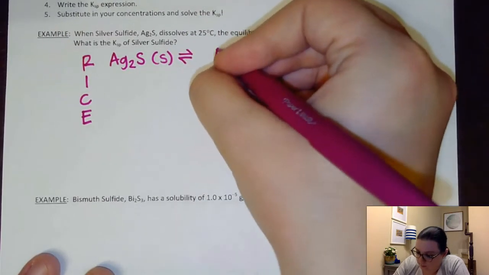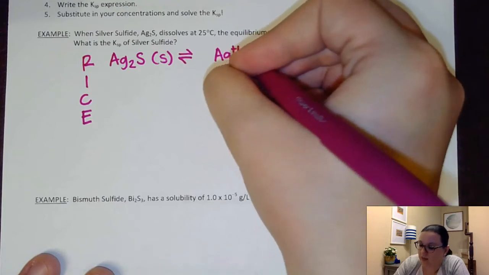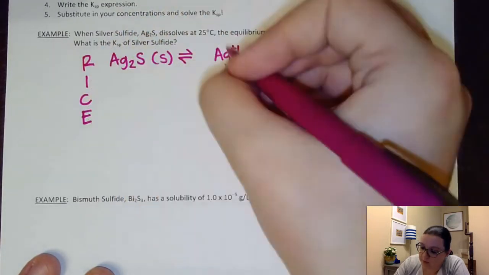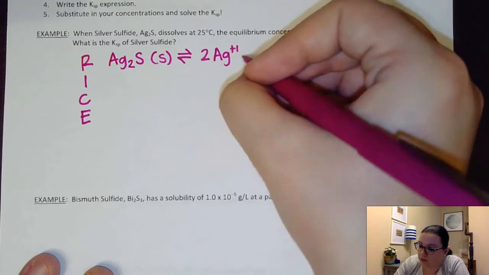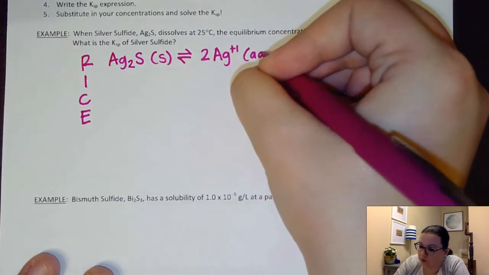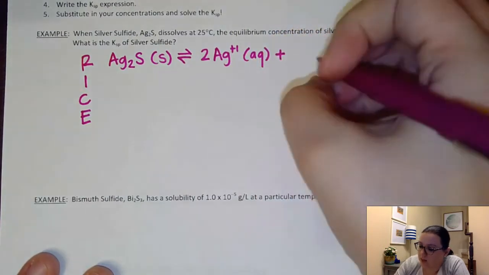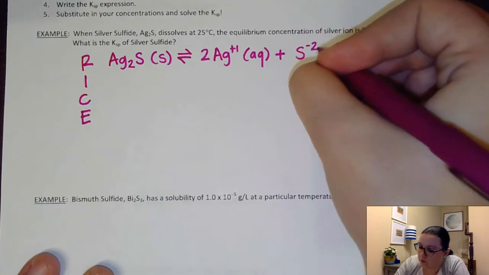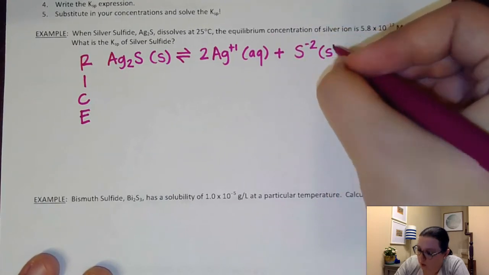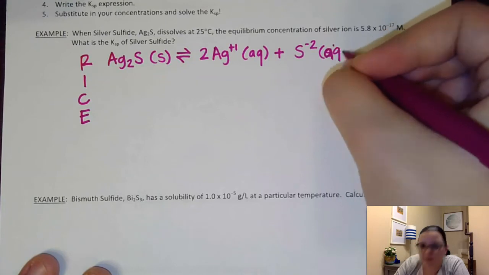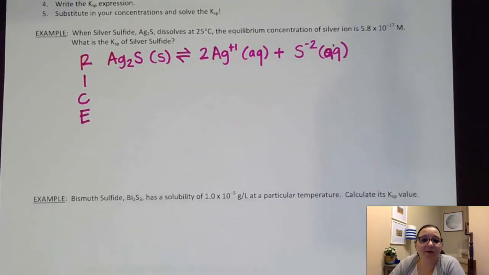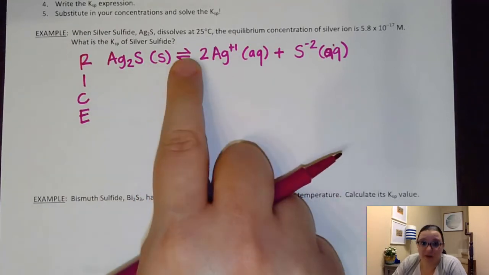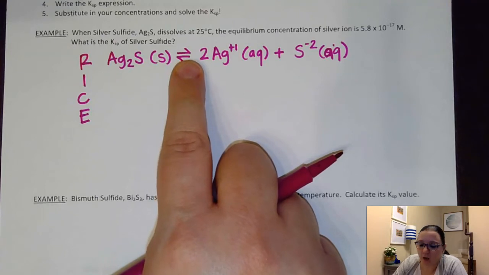I know that silver is +1 as an ion, but there were two of them to balance out in this equation, so I'm going to put that 2 in front as a coefficient. And I'm going to have sulfur at -2, and that is going to be aq as well. By the way, you notice that looks exactly like the dissolving equations that we've been writing up to this point. It's no different, except that now we have a double arrow instead of a one-way arrow.